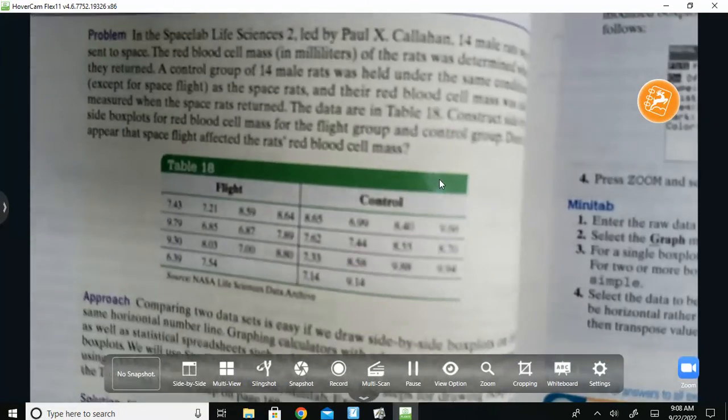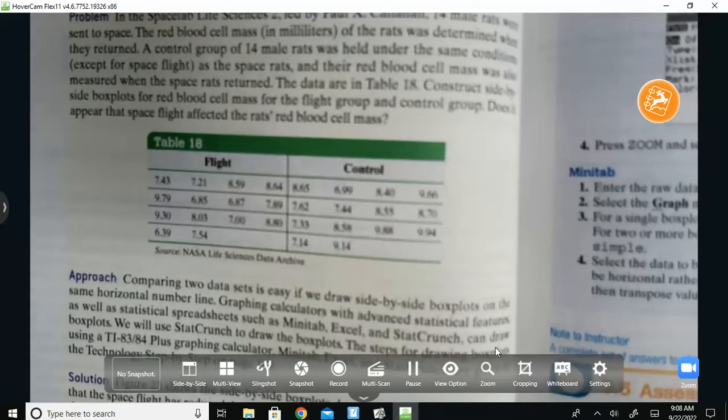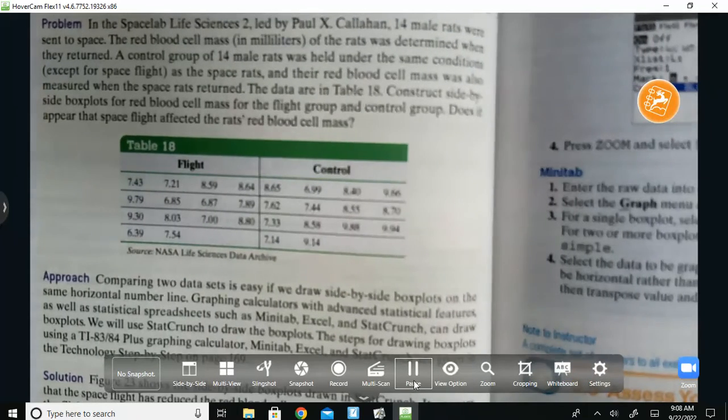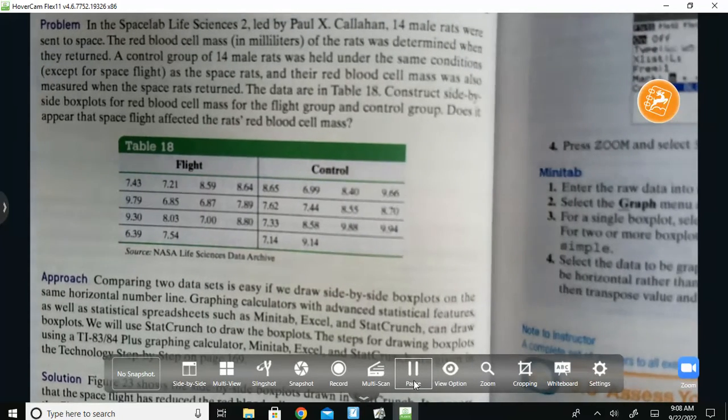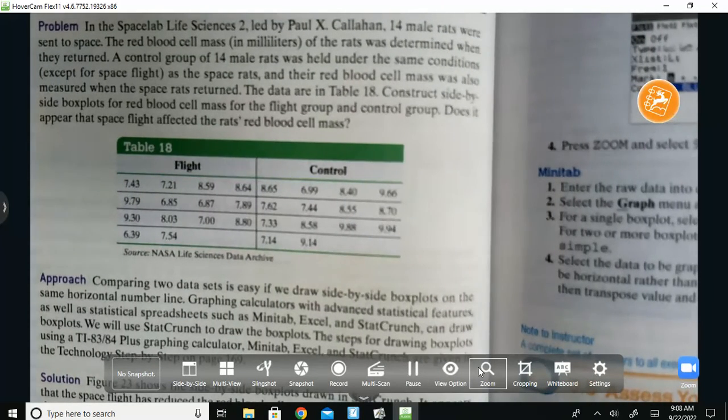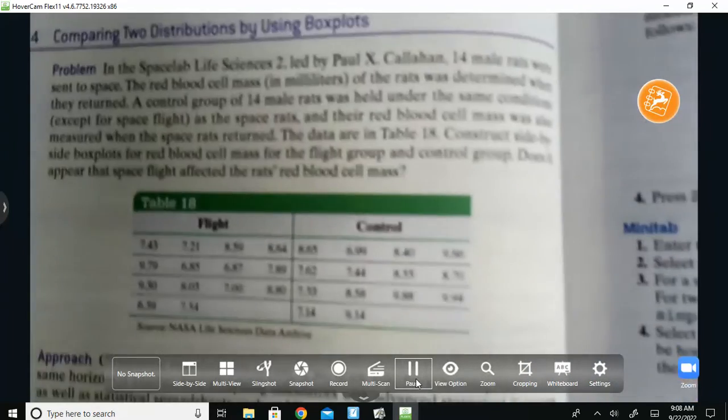Okay, so let's see if this one. Kind of blurry. Can you guys read that at all?